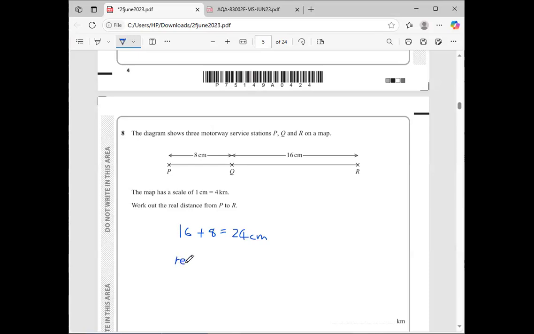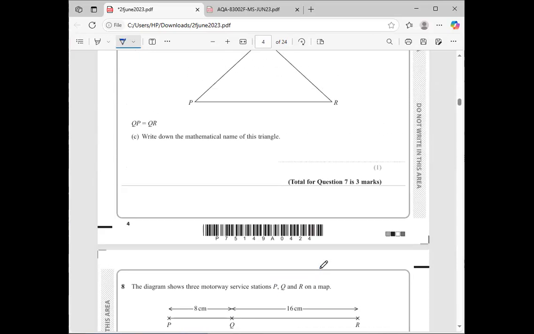So the real distance will be equal to 24 times 4. So that's 96 km. All right, so we move on.